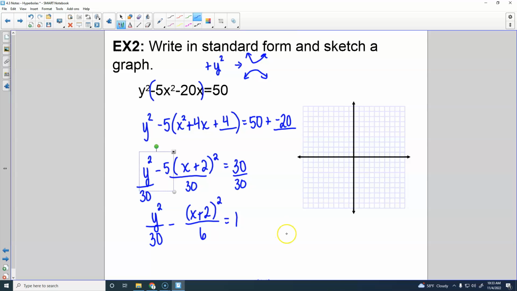All right, so Jeremy, what is my center? Oh, I tricked you. I knew it was going to trick somebody. I was hoping I would pick somebody that it tricked. It is not 0, -2. Why is it not 0, -2? The y is right here, so it's -2, 0.